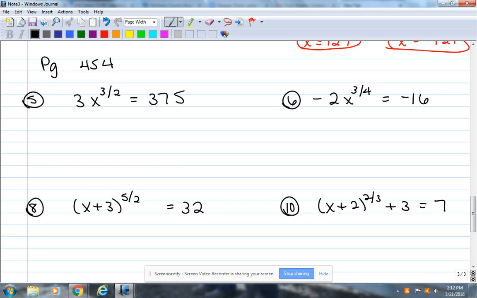Which one are you doing? Number 6. Okay, so 4/3. So you're taking the cube root of 8.